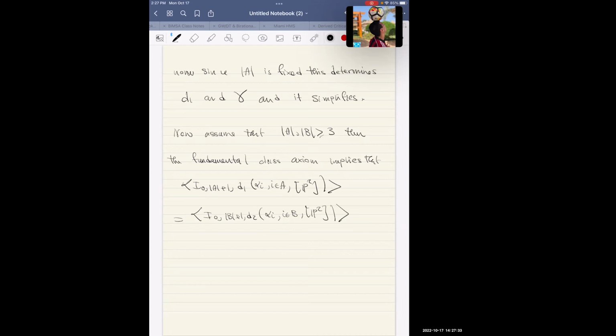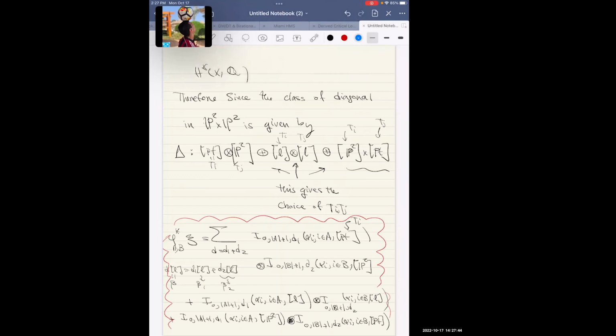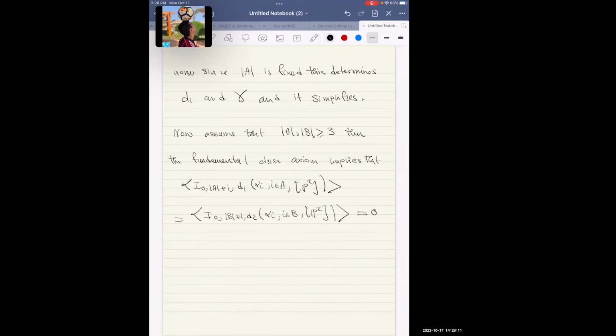Both of these things are going to be equal to 0. So if you look at the formula, we have these terms, the ones where we have a class of P2 in here, and the one where we have a class of P2 in here. It says that both of these, by the fundamental class axiom, go away. So now we are in better shape because I just need to calculate basically that middle term over there. Okay, so this is what the simplification is.